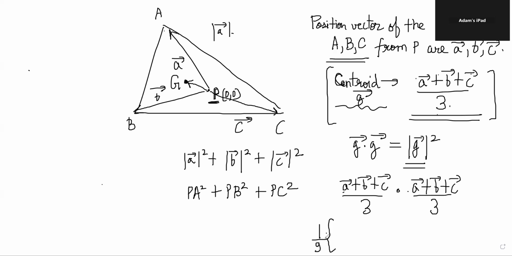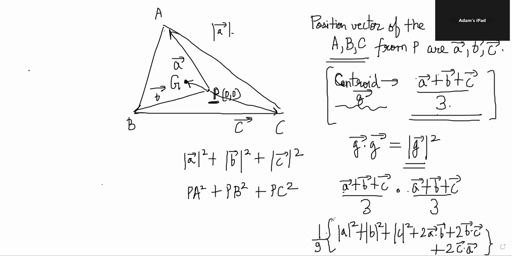Now A dot A is mod A square, similarly mod B square plus mod C square. But you also get extra terms like A dot B and B dot A. So you get 2 times A dot B plus 2 times B dot C plus 2 times C dot A. This is my PG square, by the way.